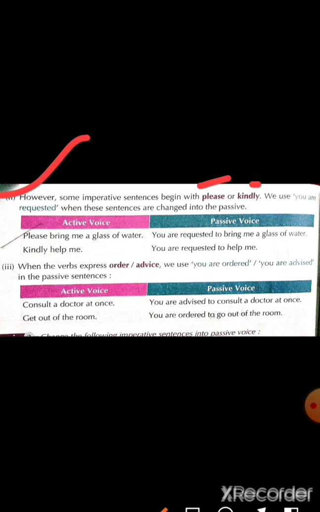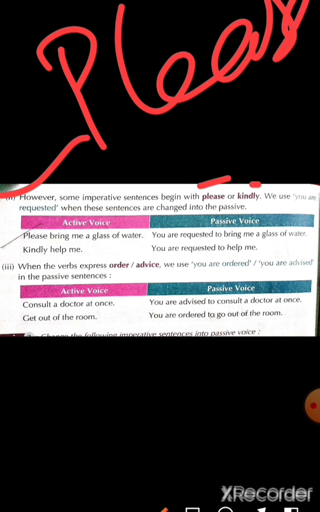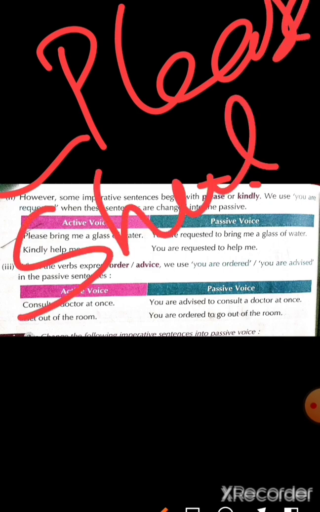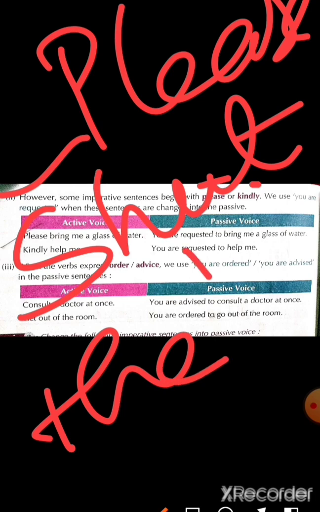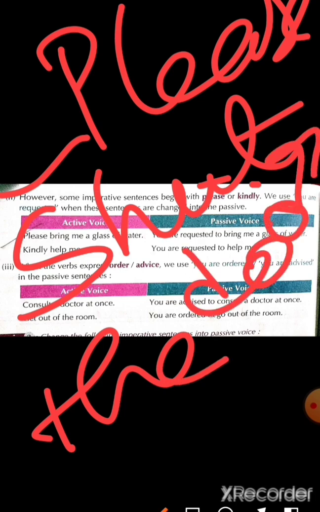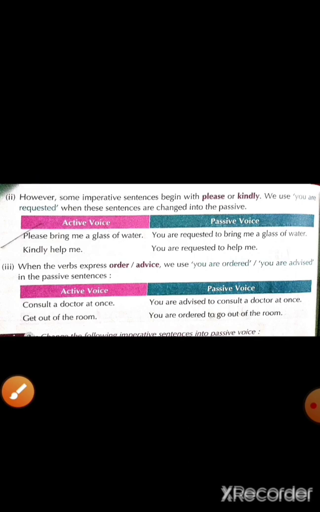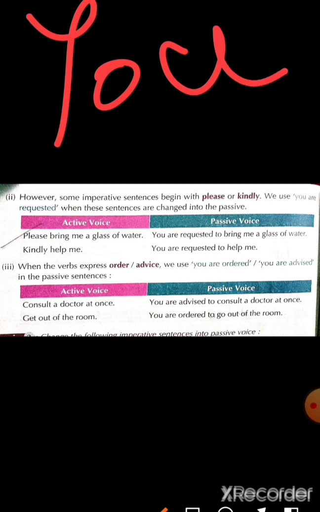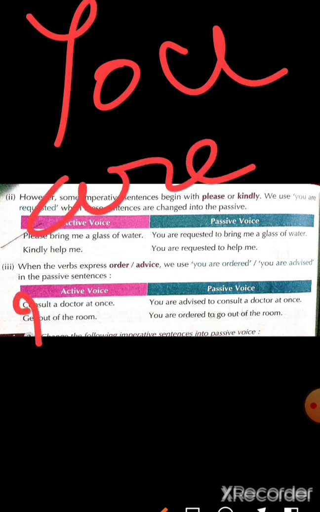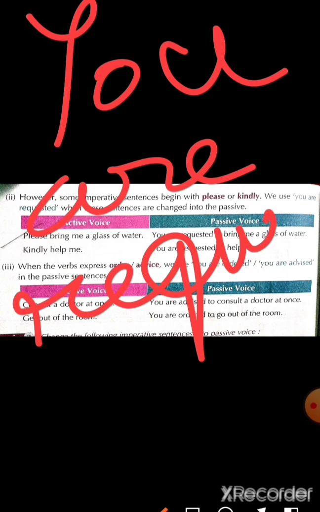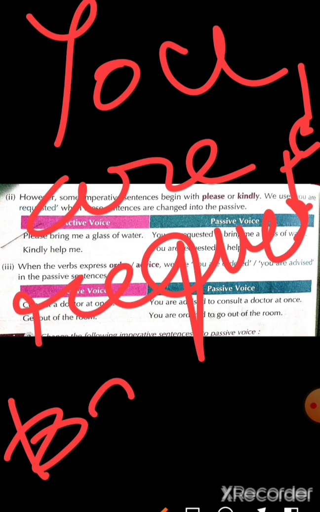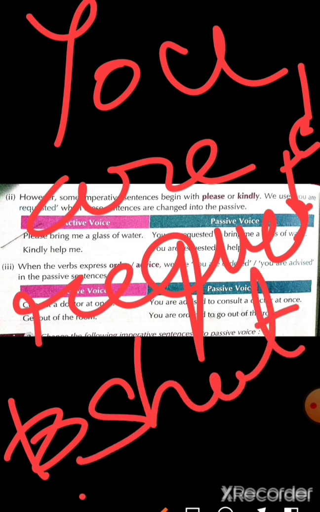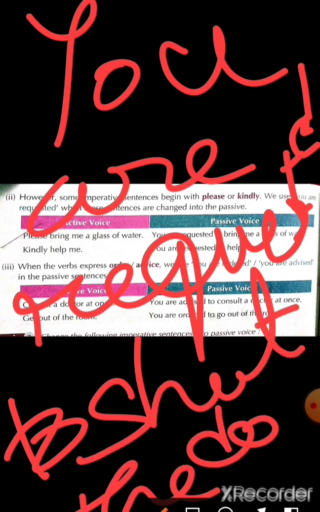For example, please shut the door. In such a case, what will we do? It will be changed to you are requested to shut the door.